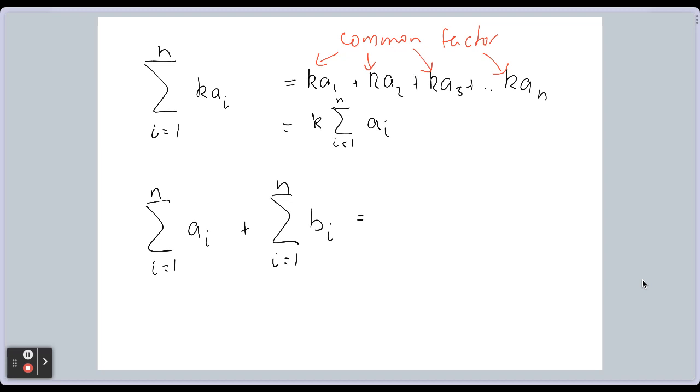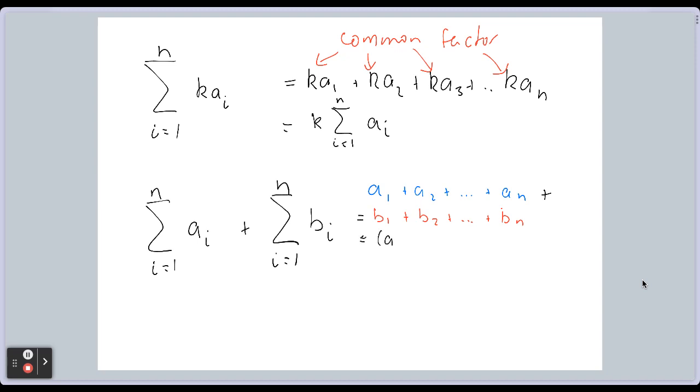And similarly, if I've got two different sequences, so the sum of AI and the sum of BIs, well, then if I sum them separately, if I color code it, I'm going to have A1 plus A2 plus dot dot dot all the way up to AN, and then I'm going to have plus B1 plus B2 plus all the way to Bn.